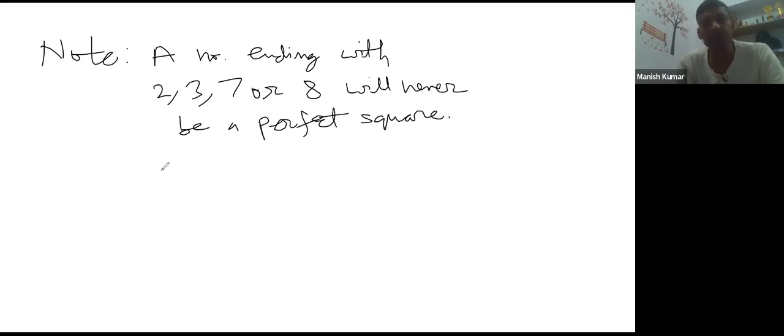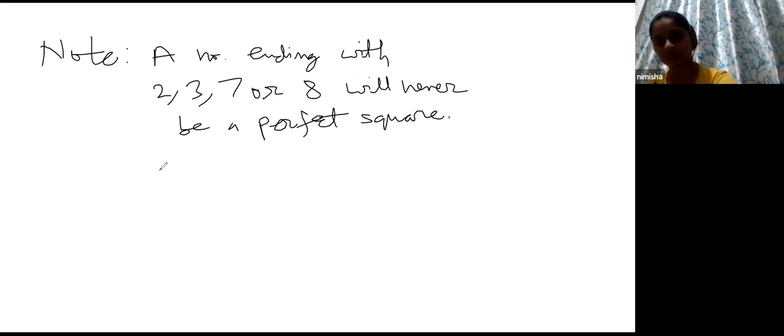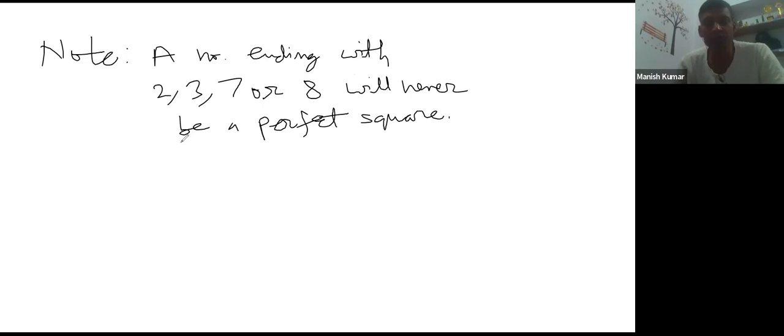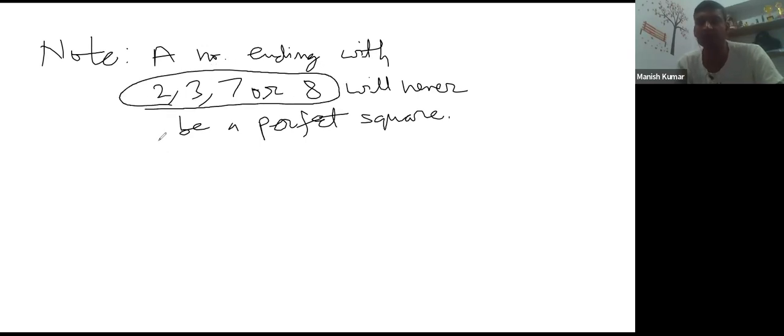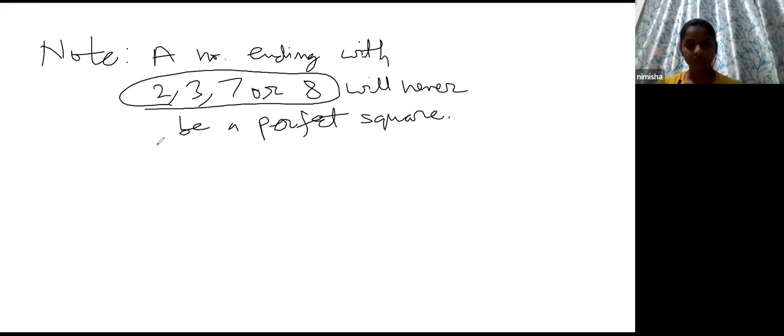Understood? If a number has 2, 3, 7 or 8 in the ones place, then it is not a perfect square. You can be given a large number having hundreds of digits, but if the last digit is any of 2, 3, 7 or 8, then it will not be a perfect square. Understood?